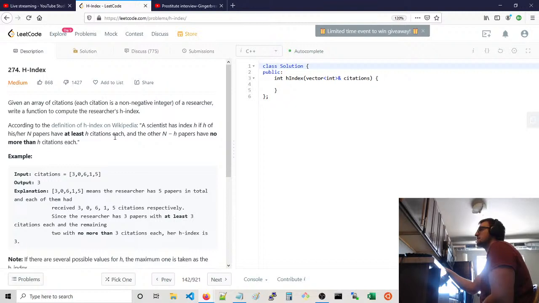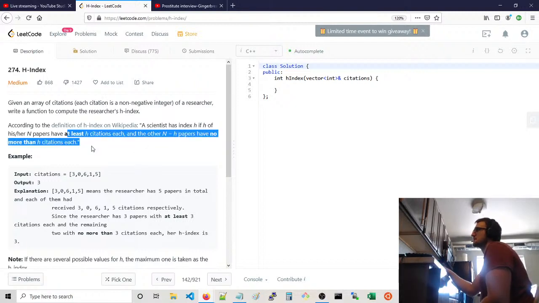Each of the papers have H citations, right? And then the other ones have no more than H. Yeah, that's really confusing. If all of your papers had 0 citations, then you can't have H greater than 0 because none of the papers have 1 citation each at least, or 2 citations each. So it has to be at most 0, but it can't even be 0 because no more than H. Well, it could be equal to 0. Okay, so actually 0 works if they're all zeros.